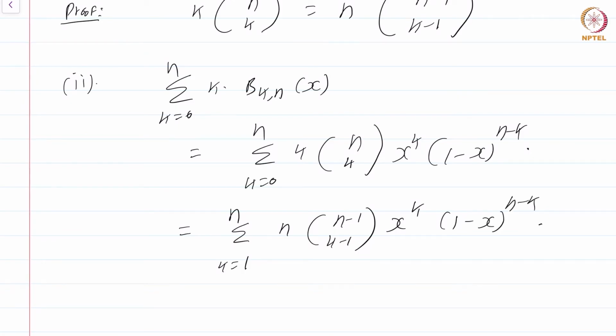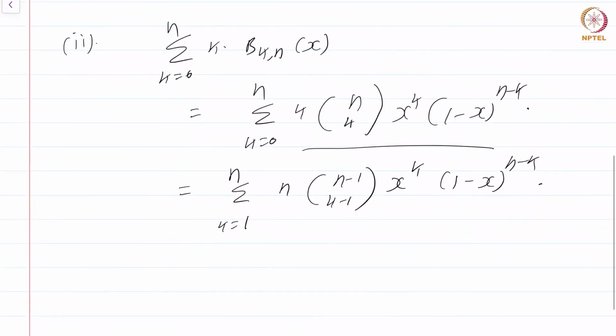Note the quantity corresponding to k equal to 0 vanished because obviously when k equals 0 this term is 0. Now that we have this, we can take this n outside simply because it is not dependent on the variable over which we are summing, which happens to be k. So we can write this as n times summation j equals 0 to n minus 1 of n minus 1 choose j.